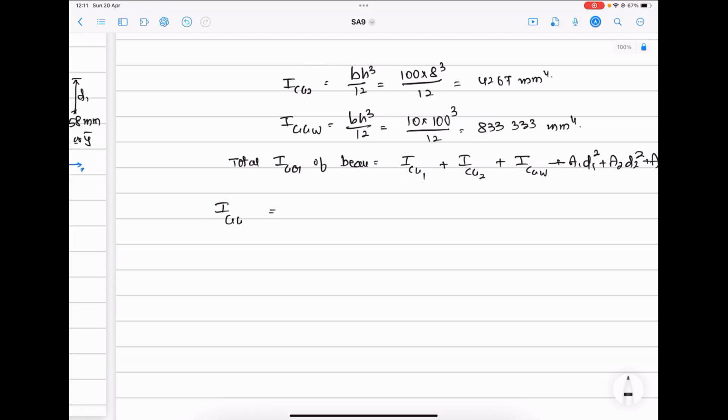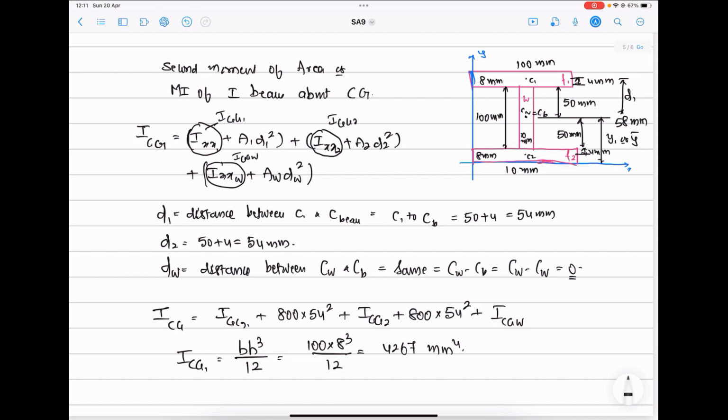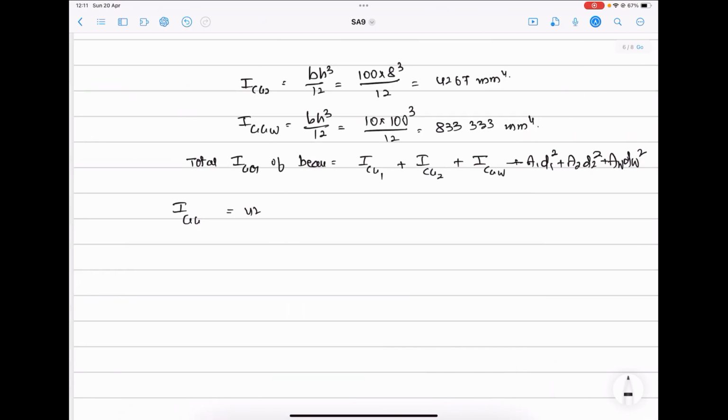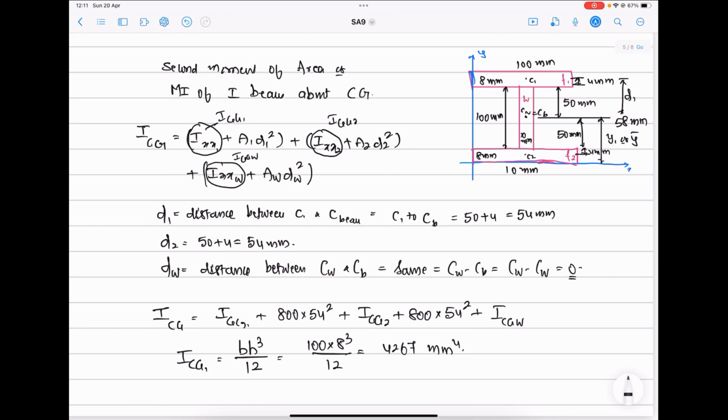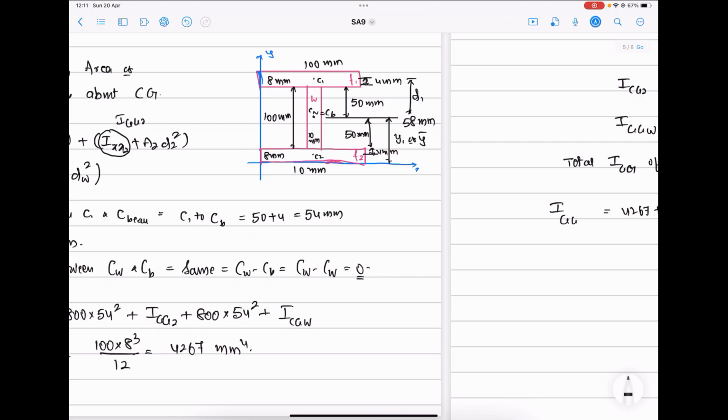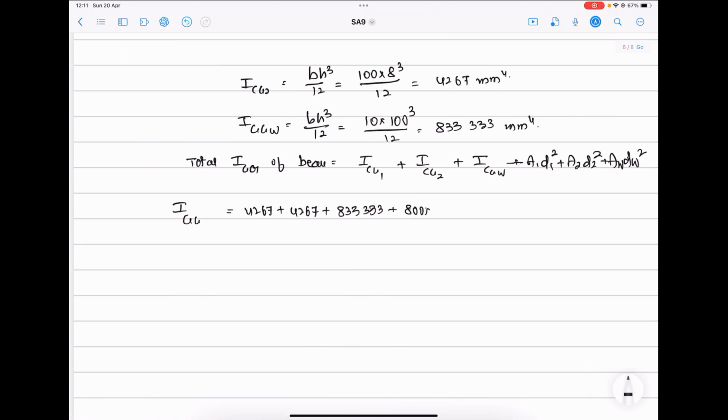ICG1 is 4267 plus ICG2, 4267 plus ICG web, 833,333, plus A1 D1 square, which is 800 into 54 square, plus 800 into 54 square, plus 1000 into 0, because D web is 0.